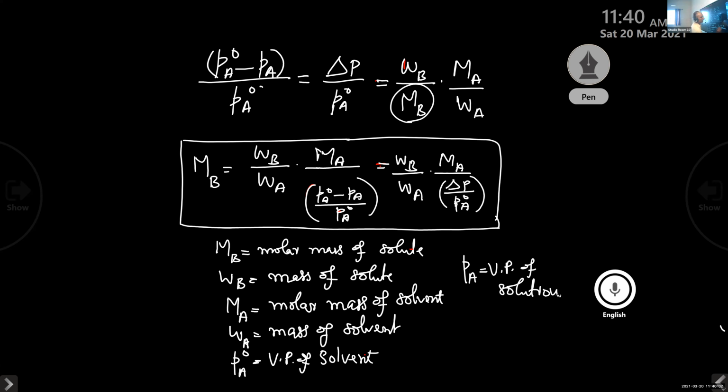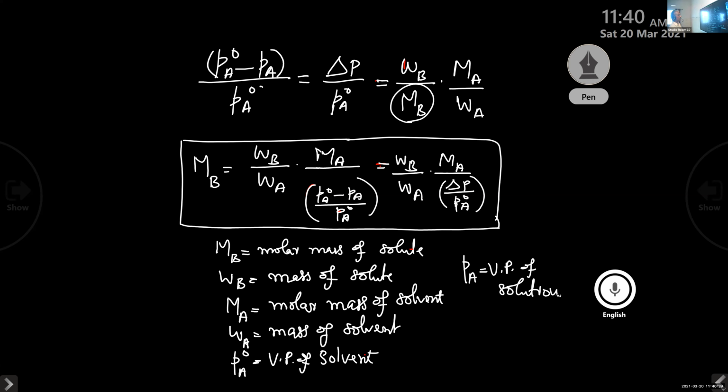So we need only this relation, the molecular mass relation. So molecular mass can be obtained from the relative lowering of vapor pressure, and that is from Raoult's law for non-volatile solutes. The equation is MB is equal to WB by WA into MA by (PA0 minus PA) by PA0, or delta P by PA0.